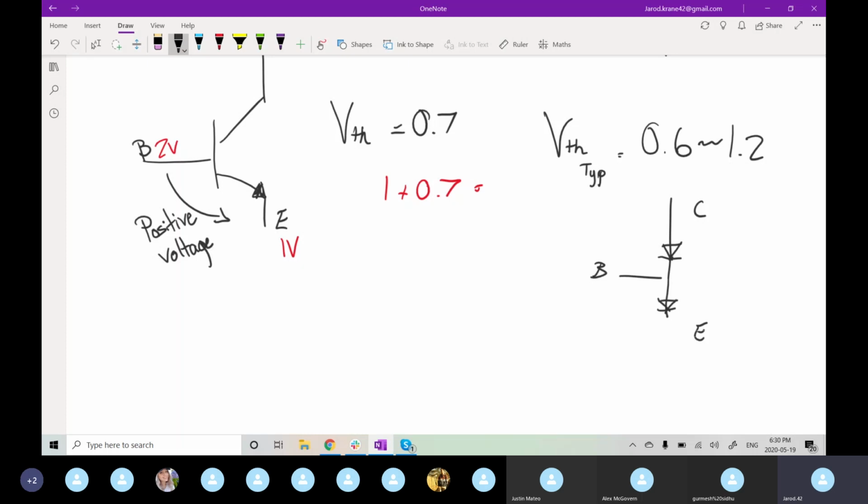A transistor can basically be broken into a couple of diodes, and as we saw in our previous lesson on diodes, their threshold is typically 0.6 to 1.2 volts. So same behavior. We have to reach that to be able to allow a path to flow through.